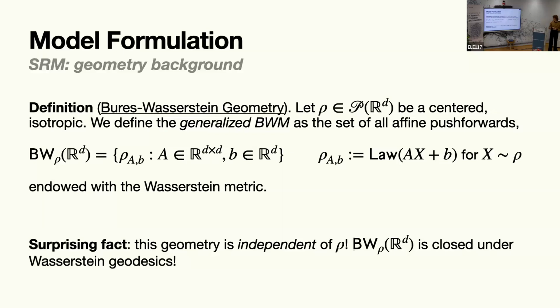Perhaps surprisingly, this geometry does not depend on rho; the metric only depends on the first two moments of rho. And so we make the assumption that it's centered and isotropic. Then you have one geometry that is really more on the space of covariance matrices and means than it is on individual probability distributions. And we think of this as the space of all neurons, or the space of all splats.